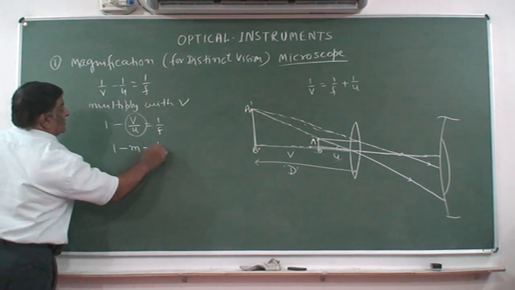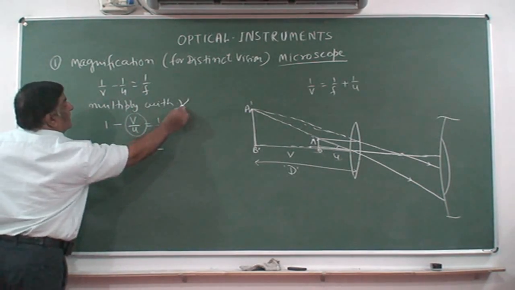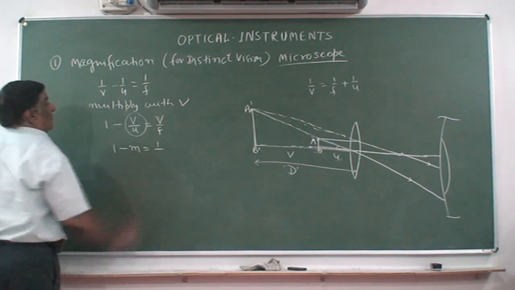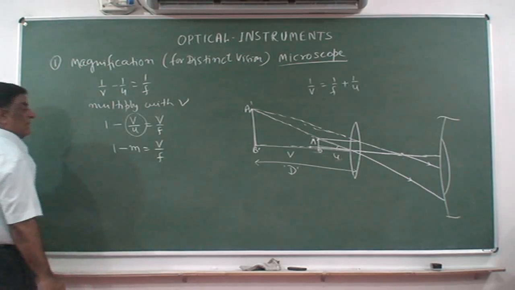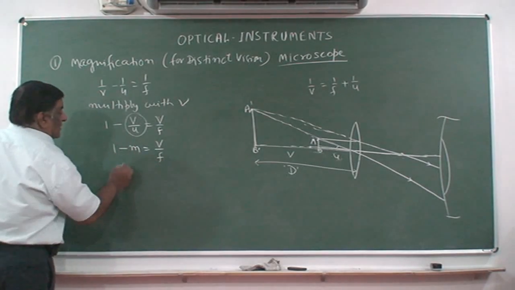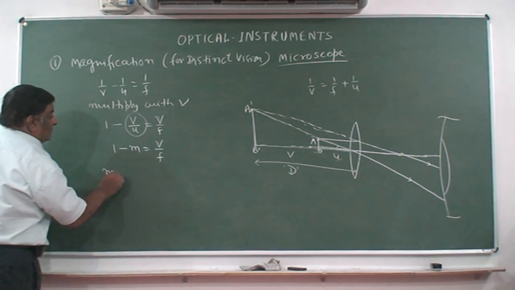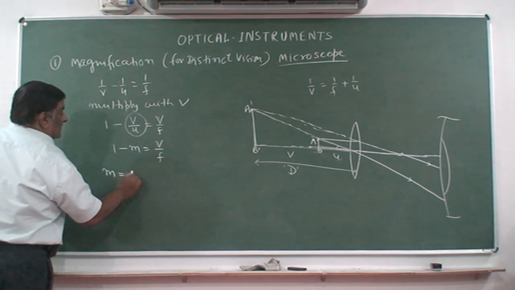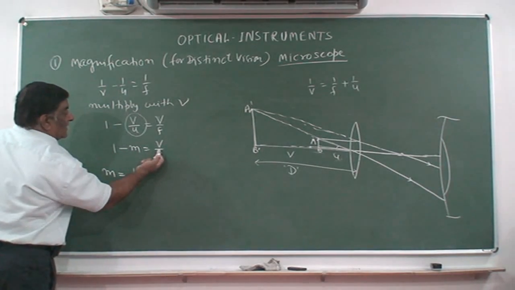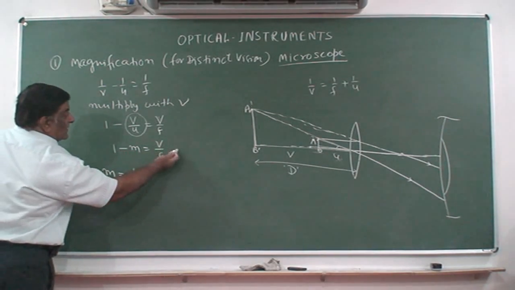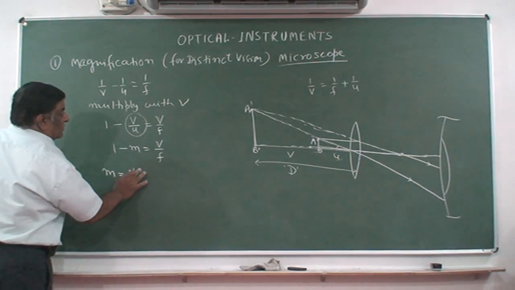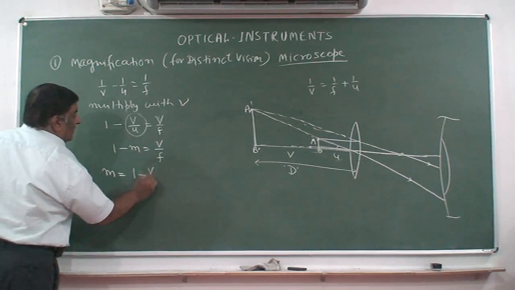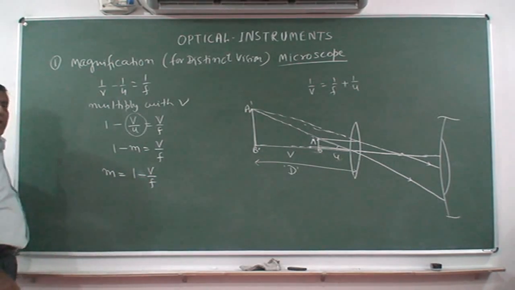So, 1 minus magnification is equal to V upon F. So how much is magnification? The magnification M is equal to 1 plus, देखिए इसको इधर ले आइए, ये M प्लस हो गया और ये इधर आके माइनस हो गया. So this will be 1 minus V upon F.